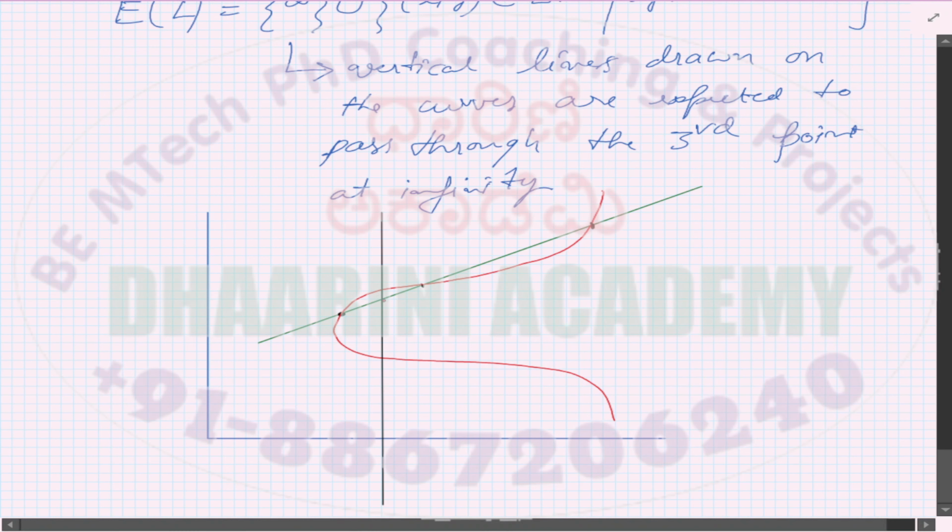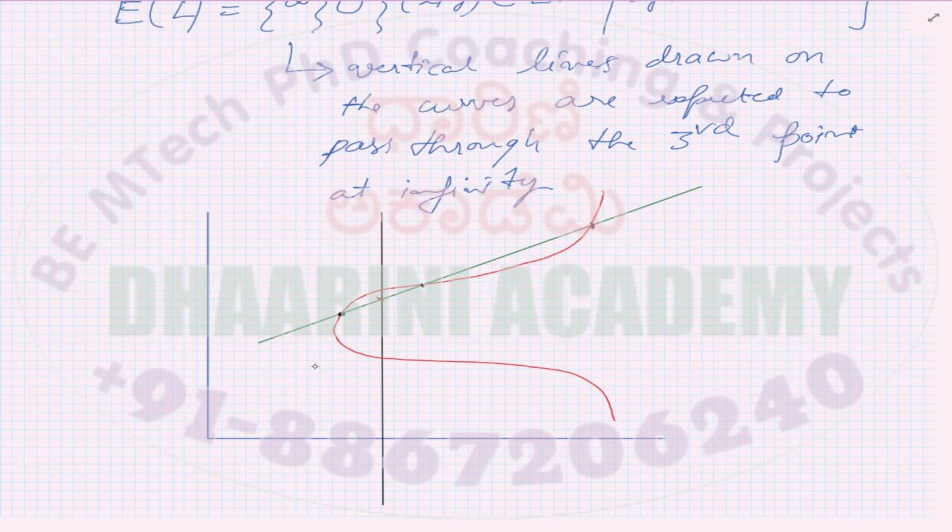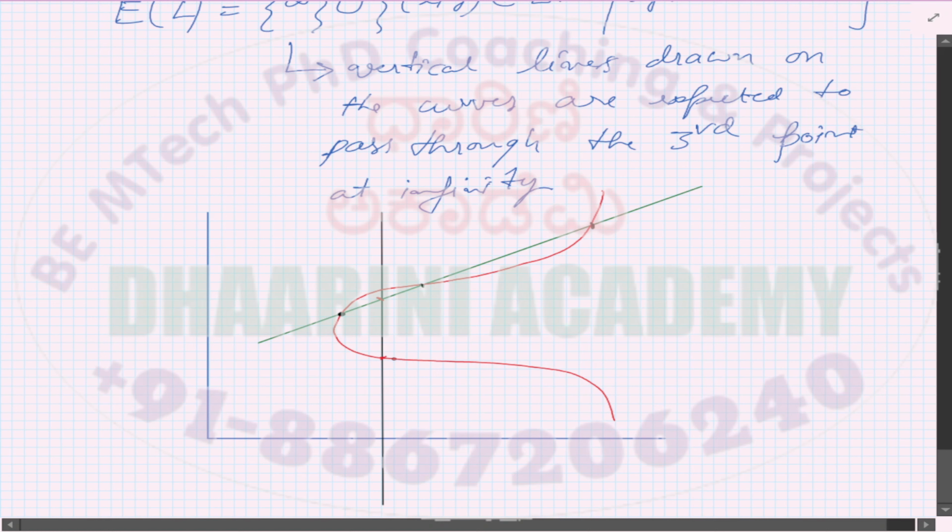My basic condition for a cubic equation itself, I need 3 points, but in this case I get only 2 points. Means what? The third point is at infinity. That's the thing. No, this is not a tangent. Tangent means only 1 point.